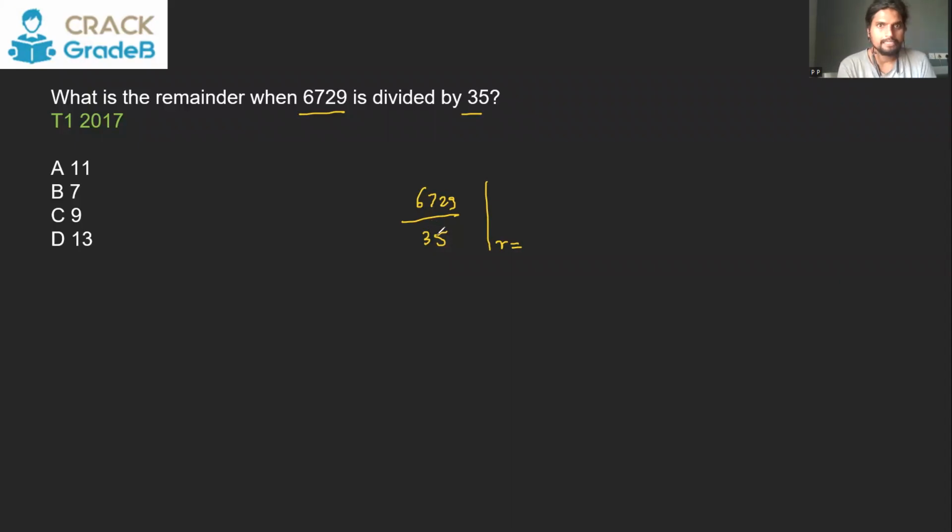If you divide it by 35, it is going to go 192 times, and the remainder is going to be 9. So the answer here is going to be 9. Easy. So if small-scale questions are there, you can better do them manually, provided your tables are good.